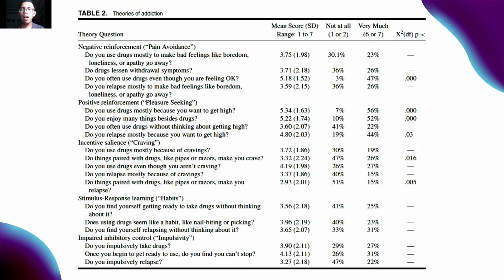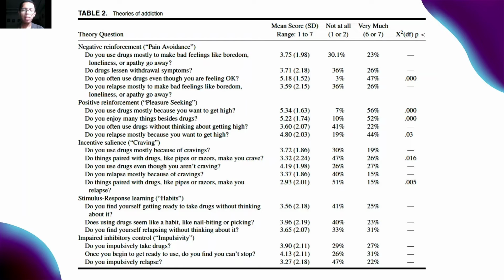The frequency at which participants selected each category for each question was then used as the observed frequency. The chi-square test was used to determine whether each category was selected at frequencies greater or lesser than expected for each question. The significance was set at p less than 0.05.